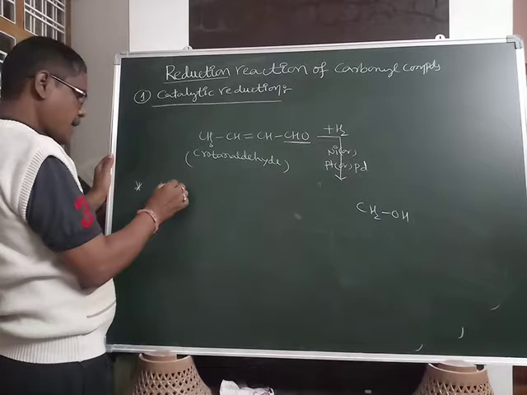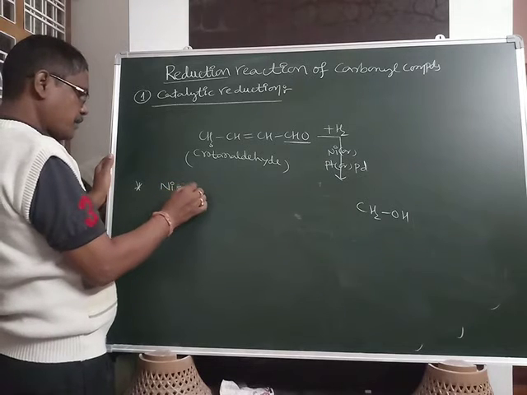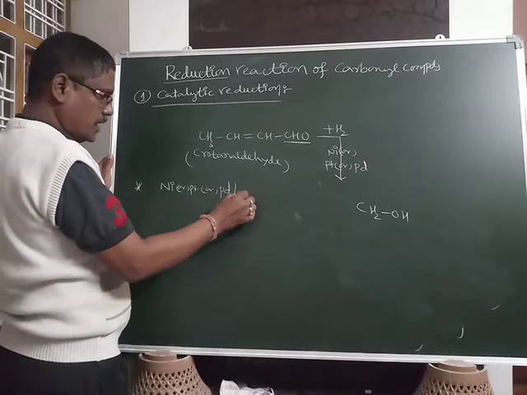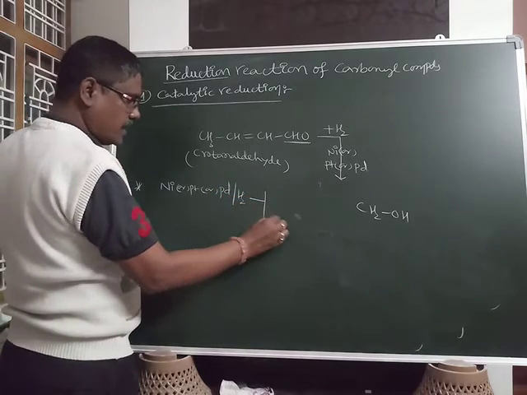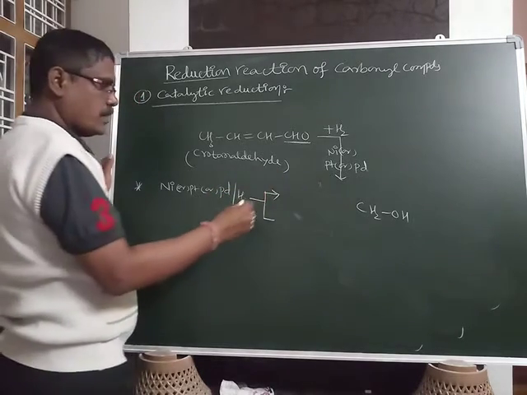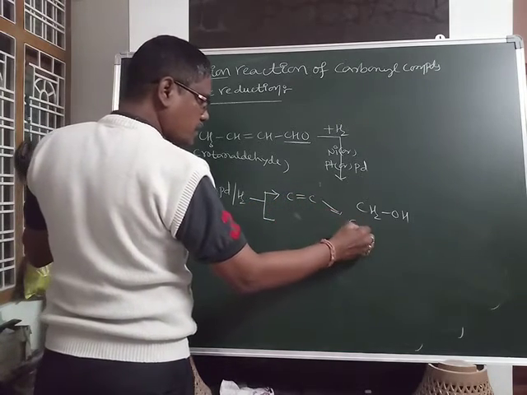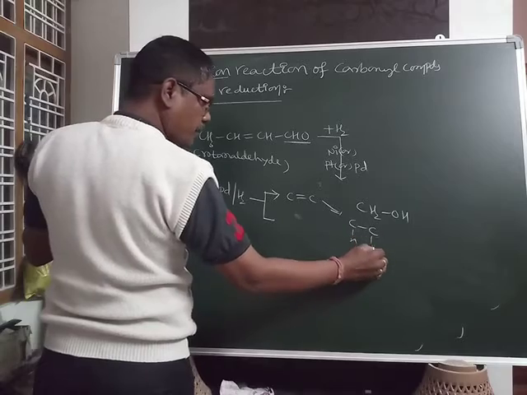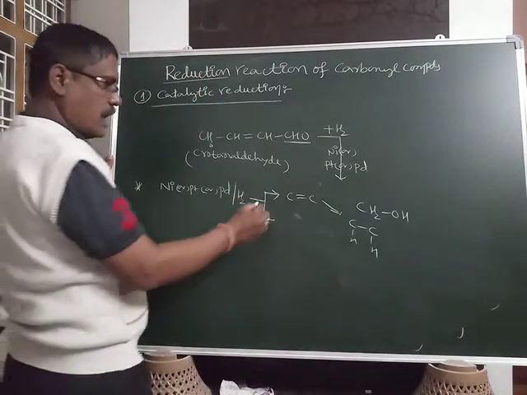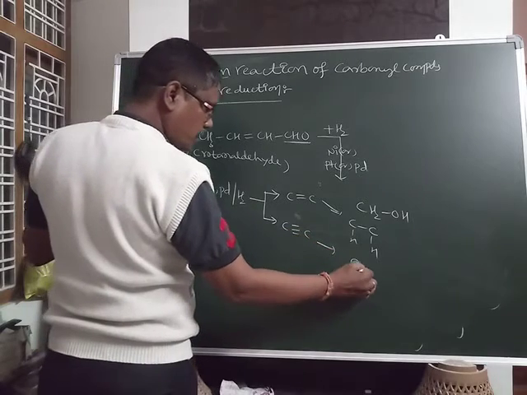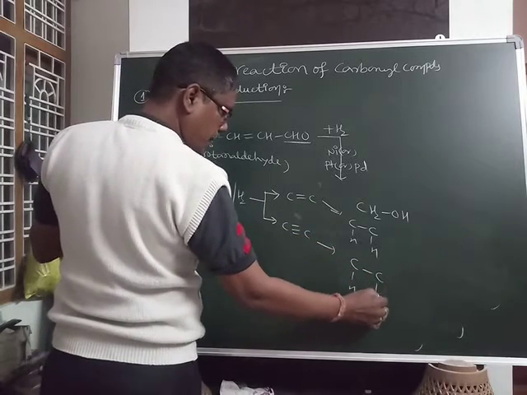Nickel or platinum or palladium with hydrogen can convert the C double bond group into the C single bond group. Also the C triple bond group converts into the single bond.